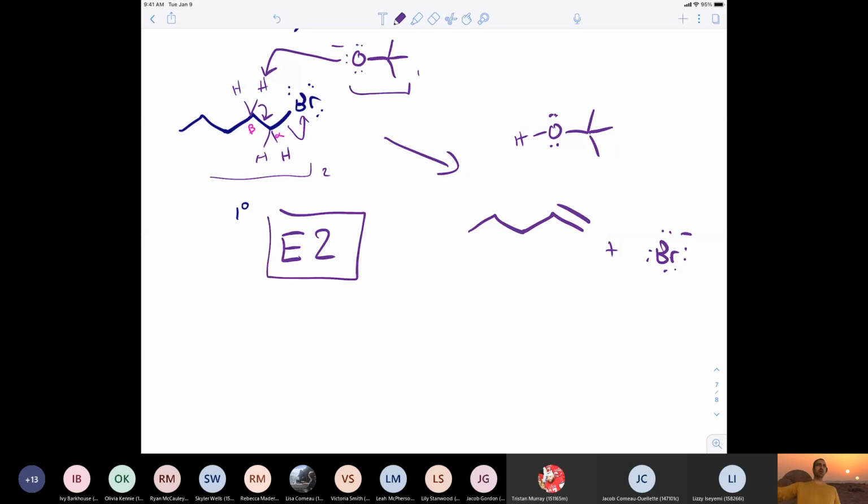If you jumped off the top stair and landed on the bottom, that would be a concerted process. Everything happens all at once, a single jump, single leap, a single flurry of activity in this case, because lots of bonds break and form. We've broken 2 bonds and formed 2 bonds. So that was 4 bonding changes that all happen simultaneously. Great.